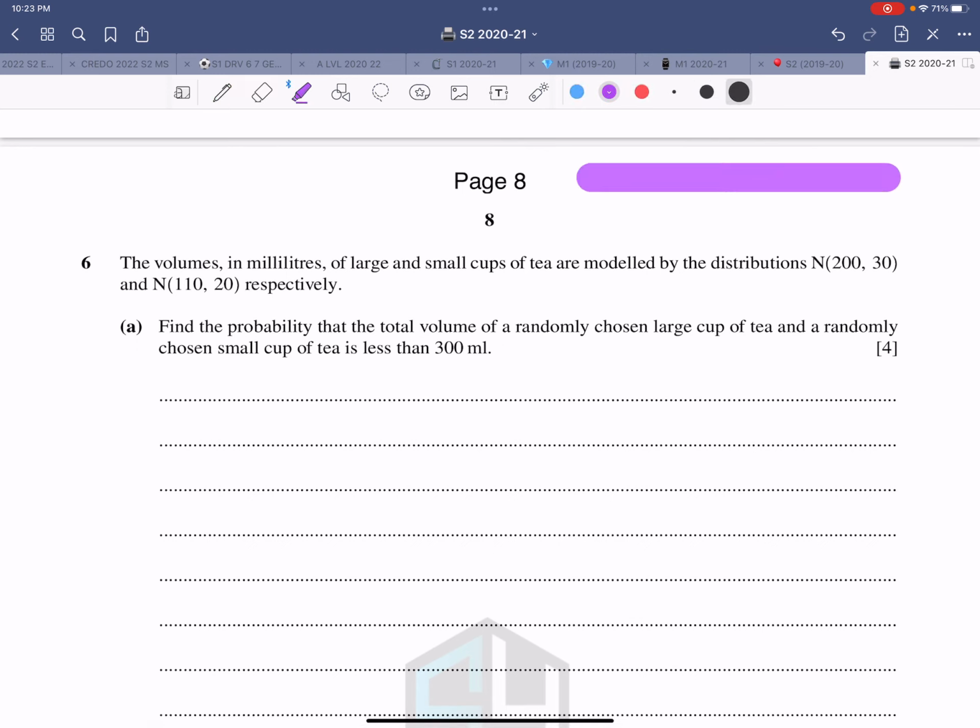Read this question again. What is it about? The volume in milliliters of a large and small cup of tea. So you got it right. This question is about linear combination of random variables. In this scenario, that variable is normal distribution.